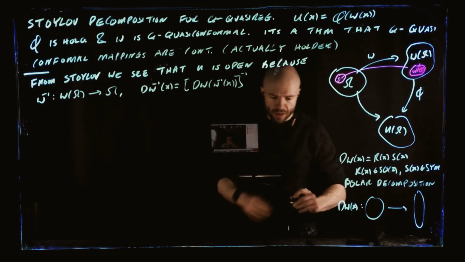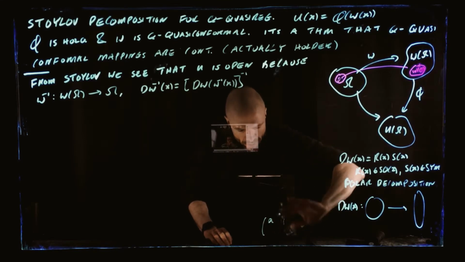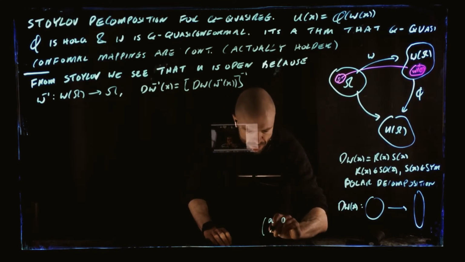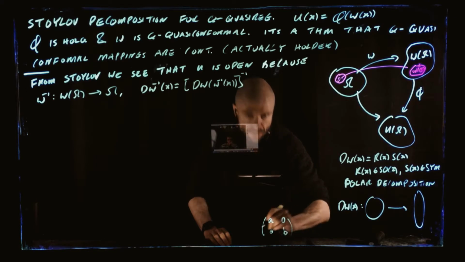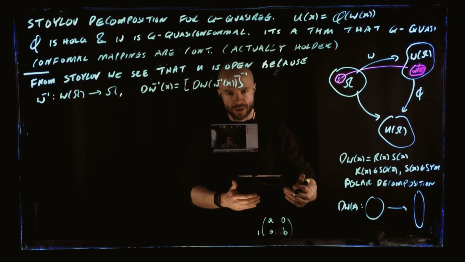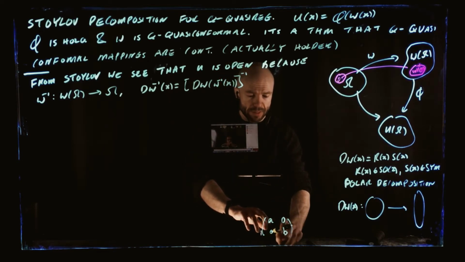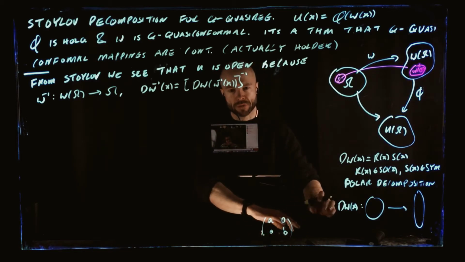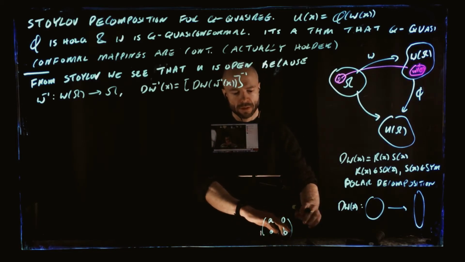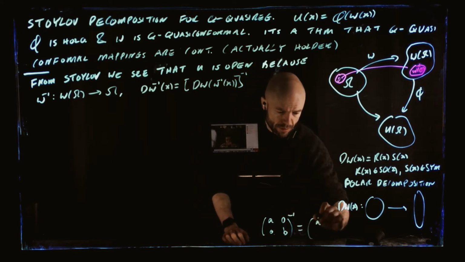So if we have a diagonal matrix like this, that doesn't distort space too much, right? What's it going to do? Well, that means the ratio of these entries is controlled. The biggest divided by the smallest is controlled by the q. But the inverse of this matrix is a to the minus 1, 0, b to the minus 1.